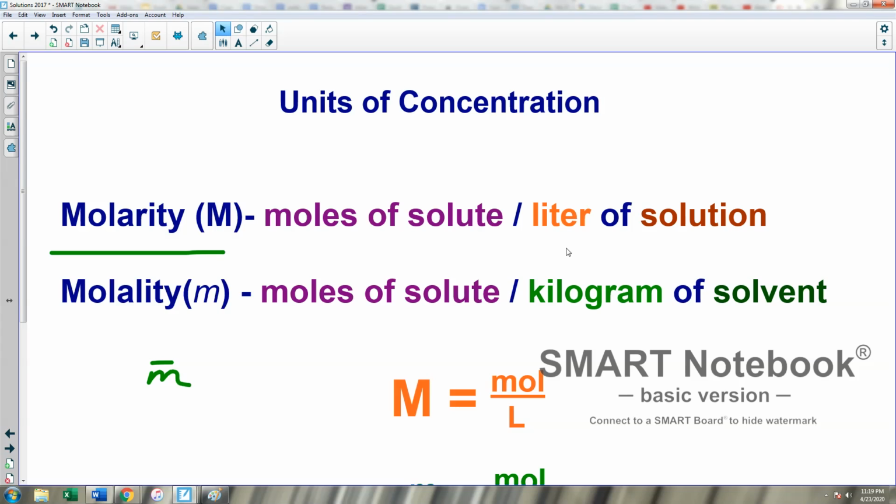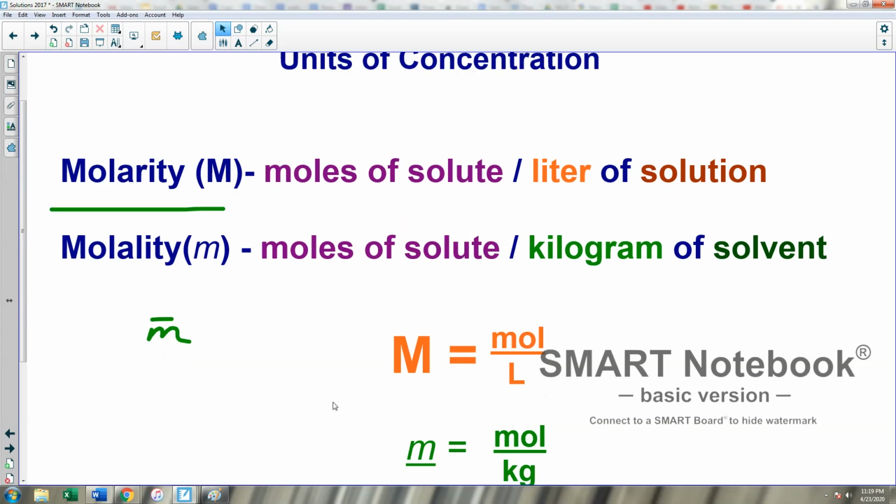If you have a liter of water at 4 degrees Celsius and then you heat it up to 10 degrees Celsius, it's going to expand a little bit. So the molarity would change, but the weight of the water doesn't. That's the only reason anybody talks about molality. So we're just going to focus all of our attention on molarity in this case.